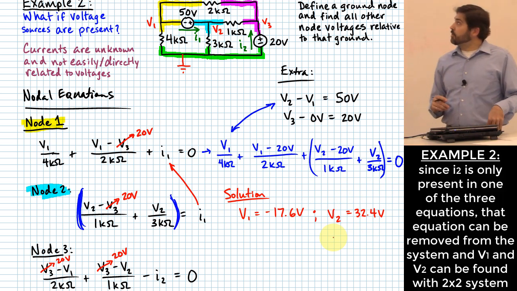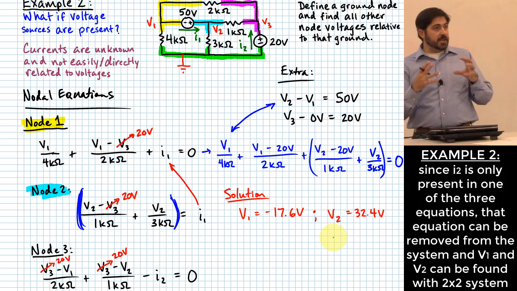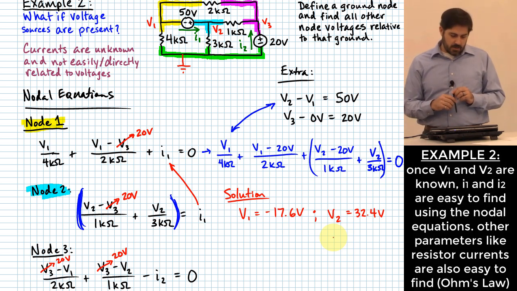And that's what you can get so far out of that system of 2 by 2. Okay?